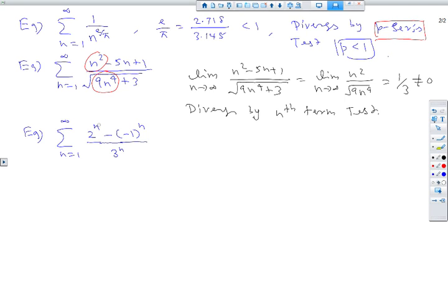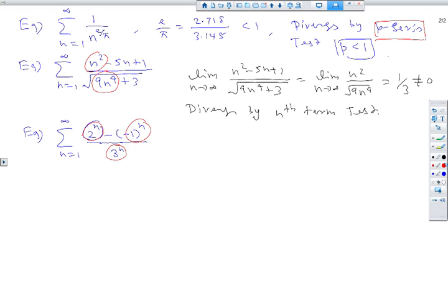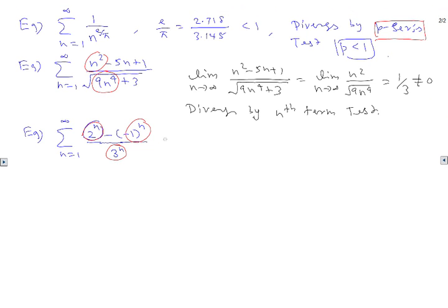So it looks like geometric because you can write this as something to the nth power. So because of that, we're going to use the geometric series test, because it looks like geometric.